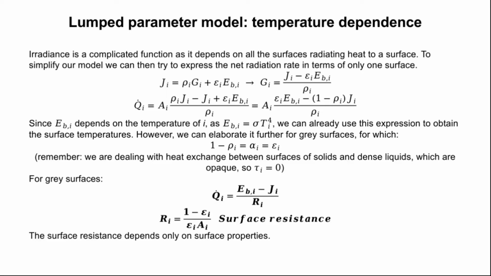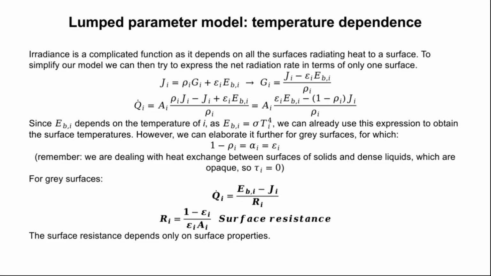By substituting this expression of Gi in the equation of the net radiation rate, we obtain an expression which can already be used to calculate the temperature of each surface. As we know, the expression of the emissive power of a black body is a function of temperature. Alternatively, if we know the temperature of a surface, this expression helps us find Qi or Ji, if one of them is known.